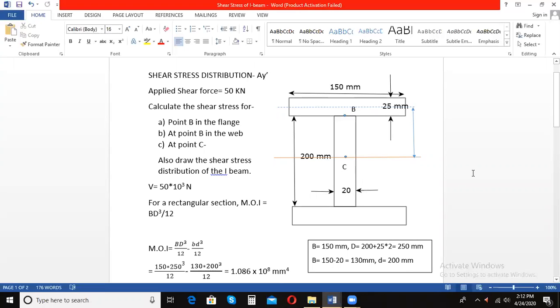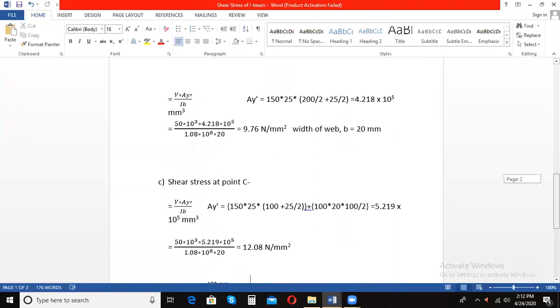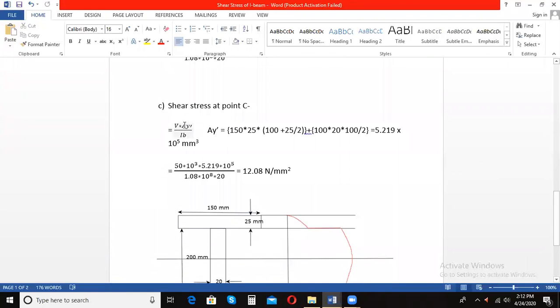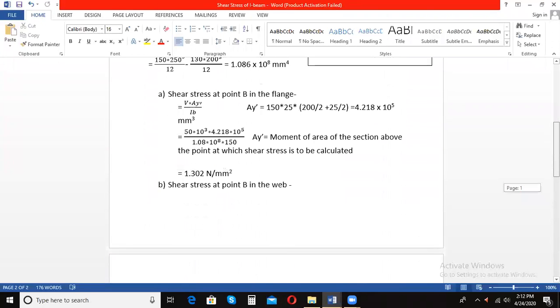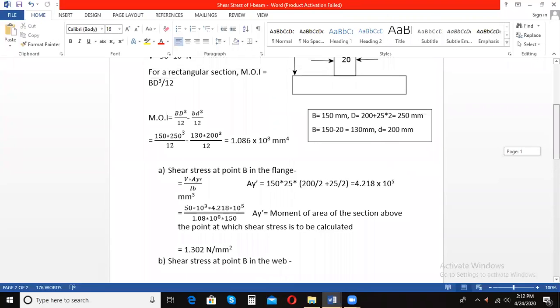The most complicated part of this problem is how to calculate the moment of area, that is this term AY bar. Now see, what is my moment of area? I think I had told you in the other videos.